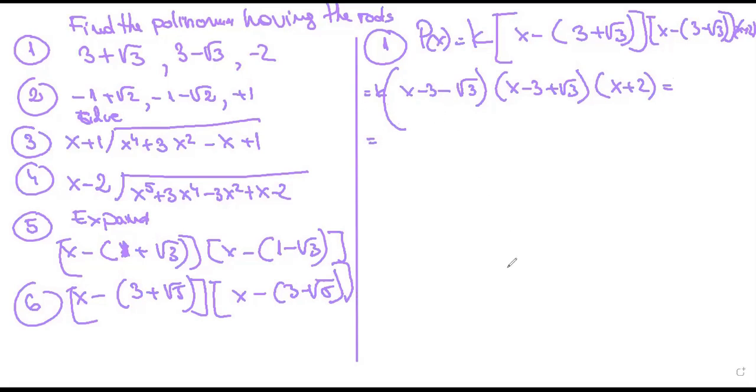Okay, so now we are going to use the formula a minus b, a plus b equals a square minus b square, where this is a and this is b.